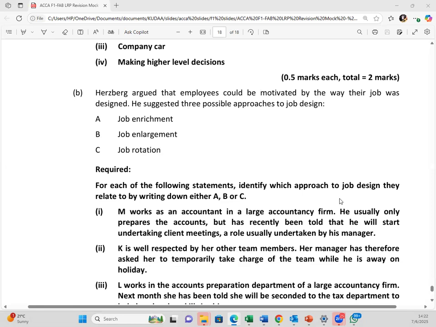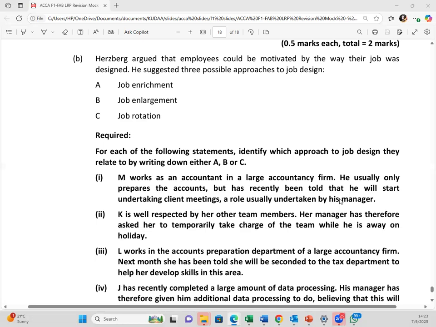So remember, we did talk about this. Job enrichment, we are increasing the complexity of the job. Enlargement, we are increasing the tasks. Job rotation, we are just changing the departments where you work.